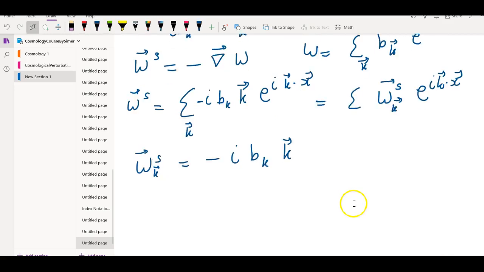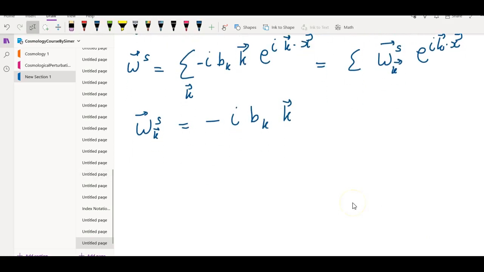Now note that B_k is not W_k, they have different dimensions.